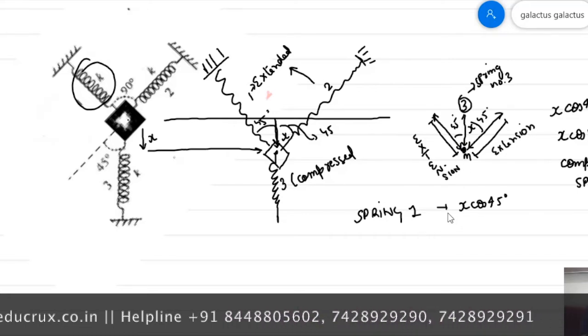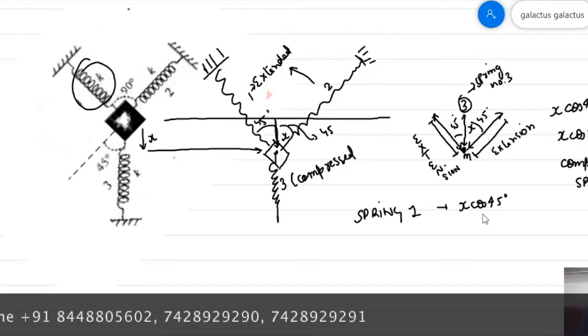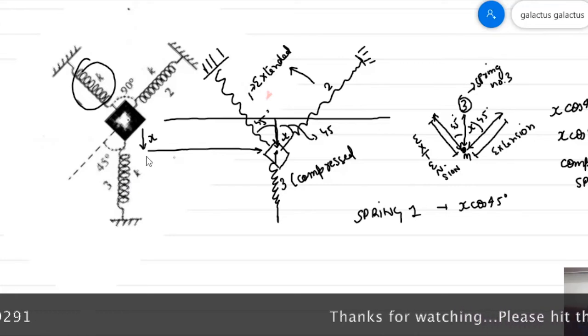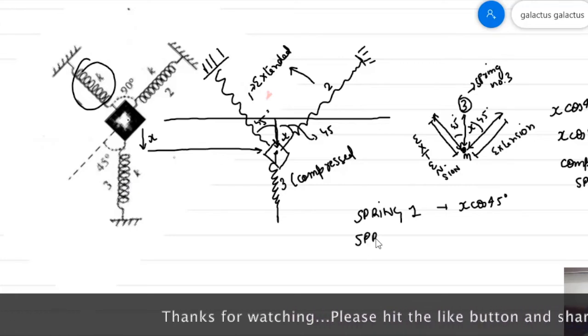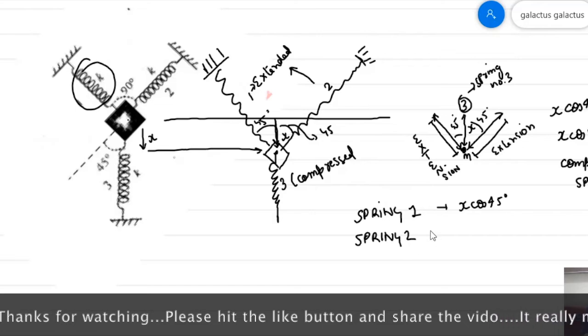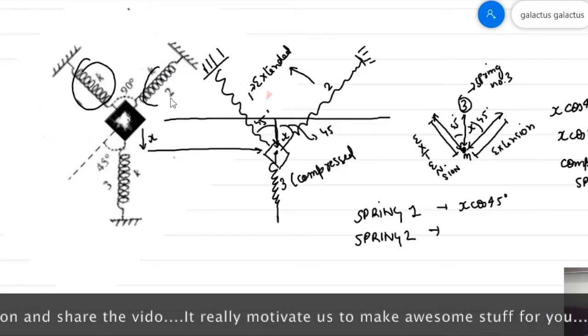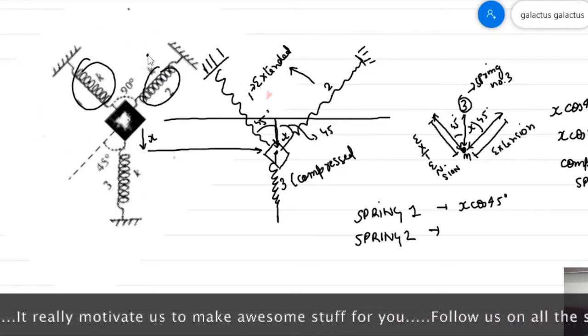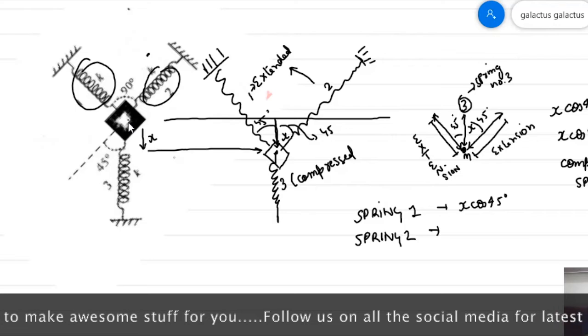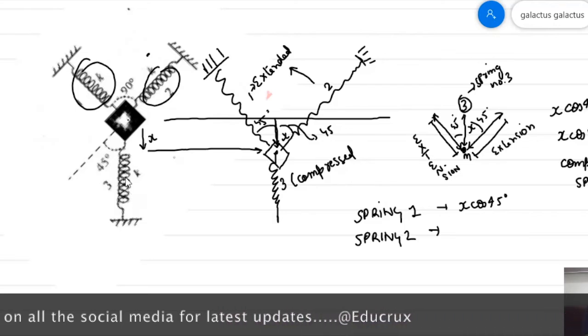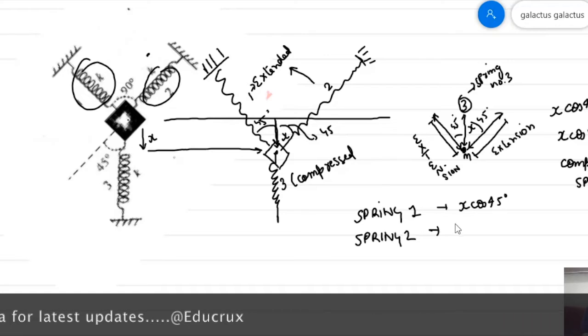So spring number 1 is extended by x cos 45 degrees if spring number 3 is compressed in the downward direction by x. Similarly, spring number 2, that is this spring, will be extended by x cos 45 degrees.